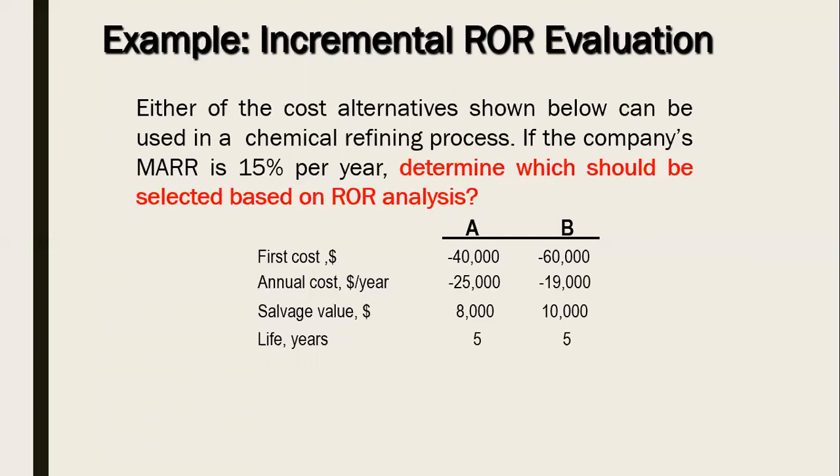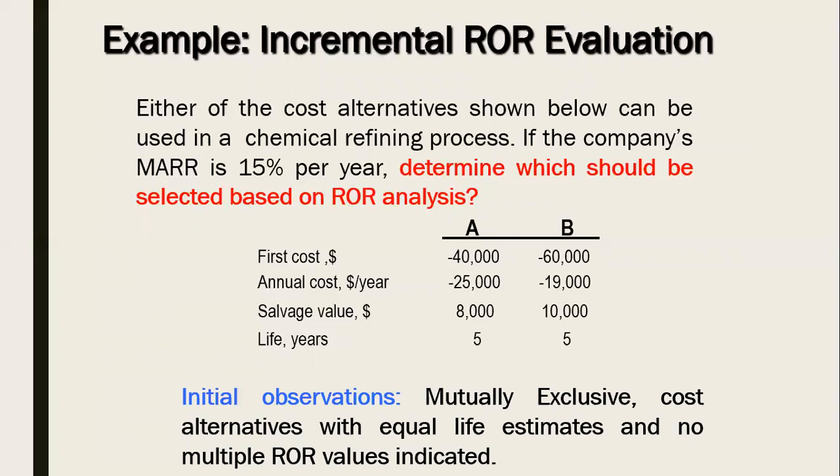Here we have two projects, Project A and Project B. First cost of Project A is $40,000 and B is $60,000. Annual cost of A is $25,000 and B is $19,000. Salvage value of A is $8,000 and B is $10,000. Life of both options is 5 years.